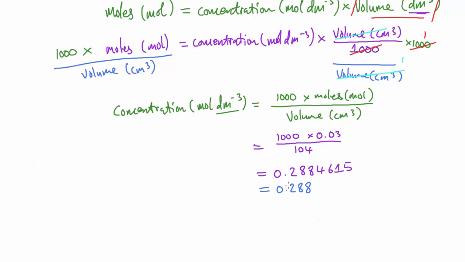The other thing we're going to need to do is add the units. So our final answer is going to be 0.288 moles per dm³. Right, so that would be our answer.